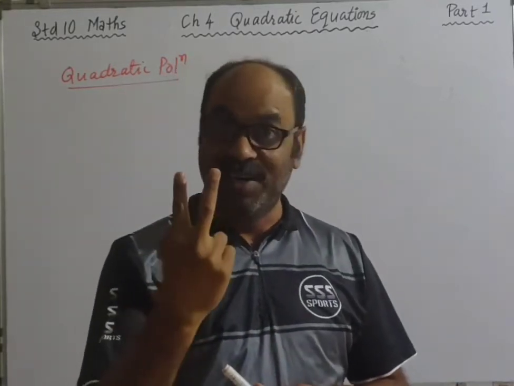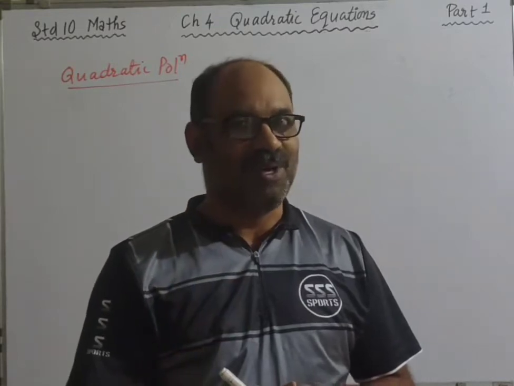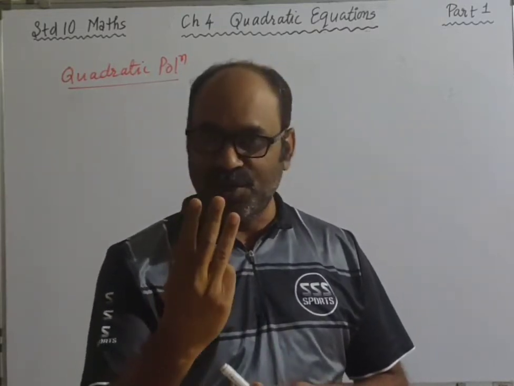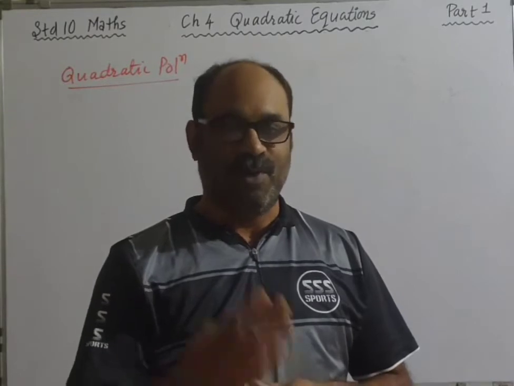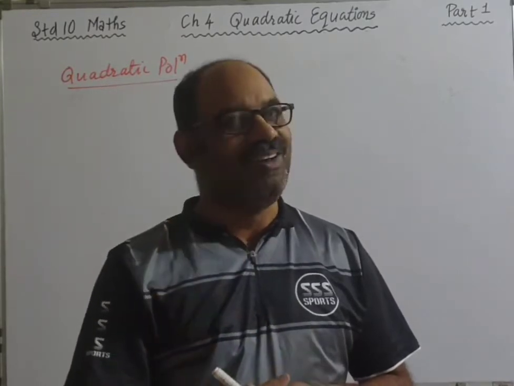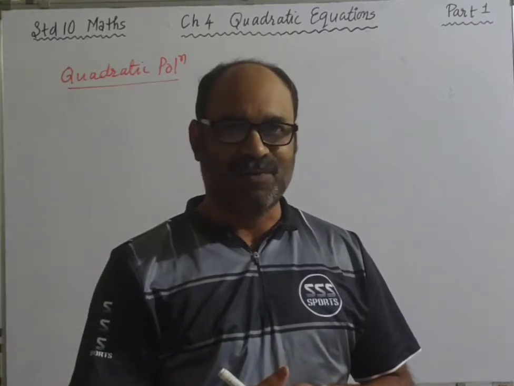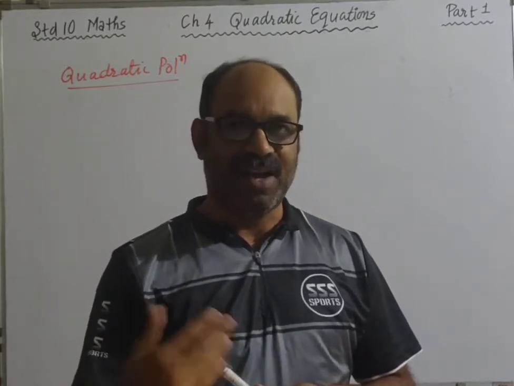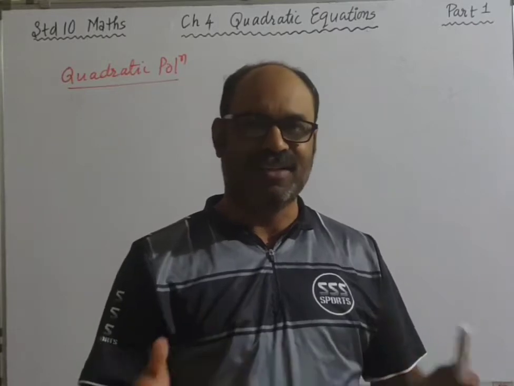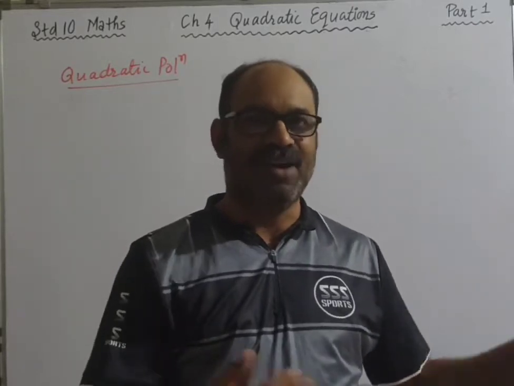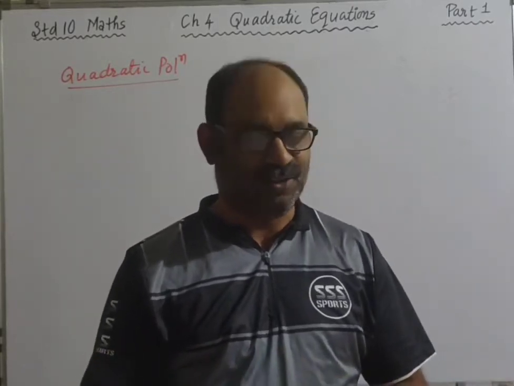A polynomial with degree 2 is called quadratic polynomial. Degree 3 is called cubic polynomial. Degree 4 is called biquadratic polynomial. After that, there are no names for polynomials having degree 5 or 6. They are just said polynomial with degree 5 or polynomial with degree 10 and so on.